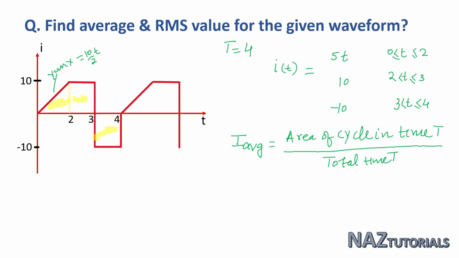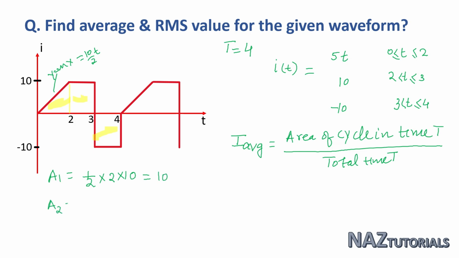Now calculate each area. For area 1, that is half base into height, base is 2 and height is 10. So its value is 10.